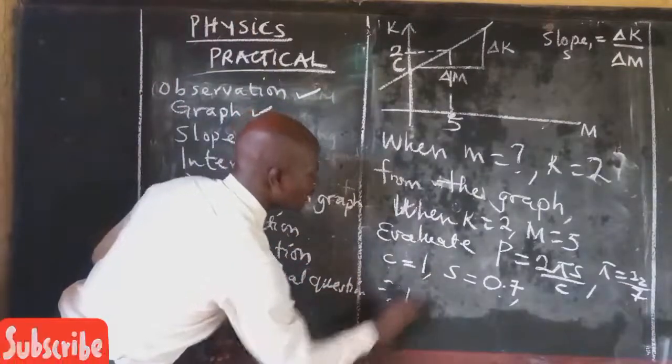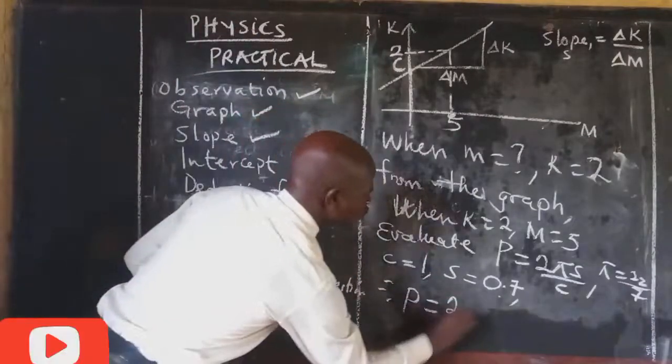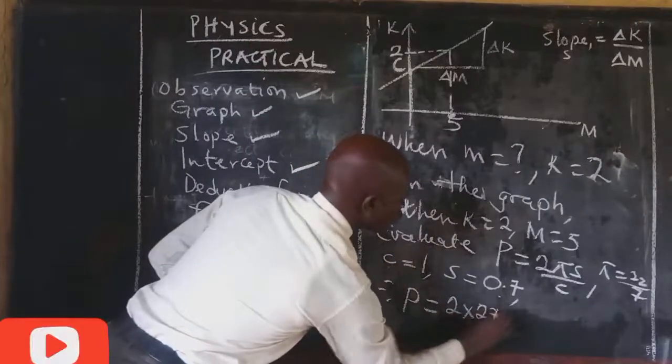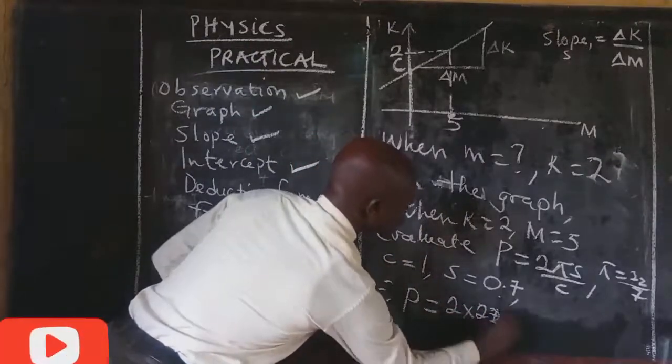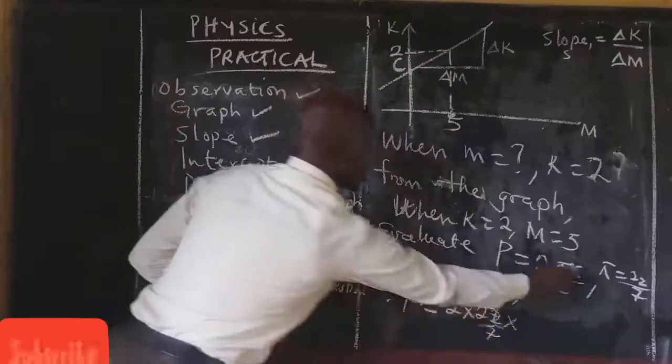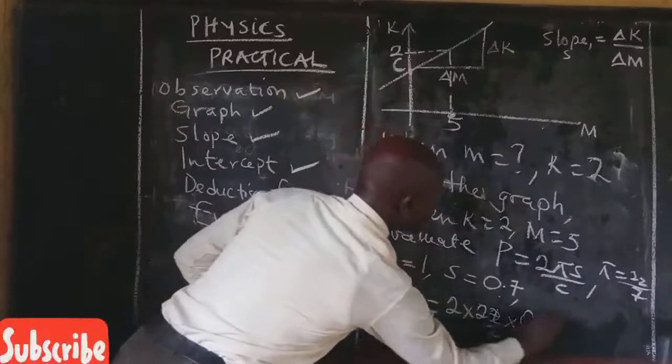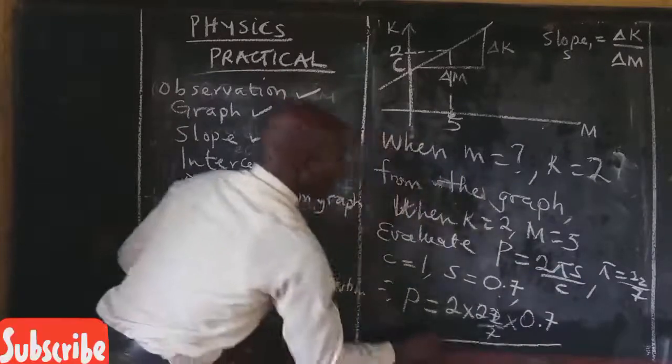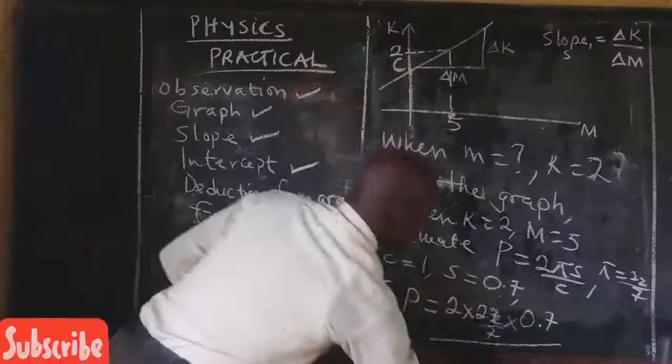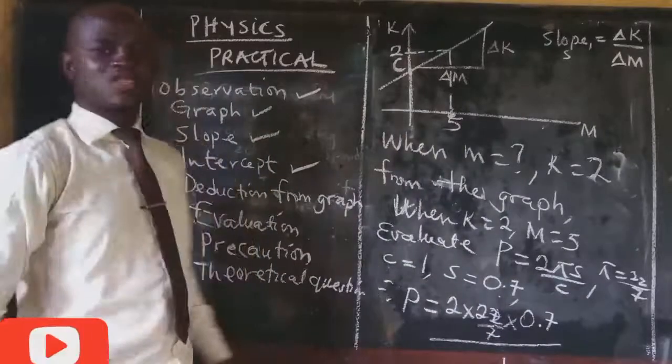Therefore, we now say P equals 2 times 22 over 7 times our S, which is 0.7, all over our C, which is 1.